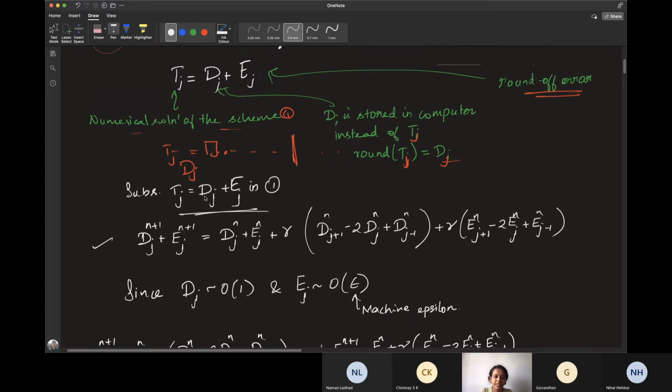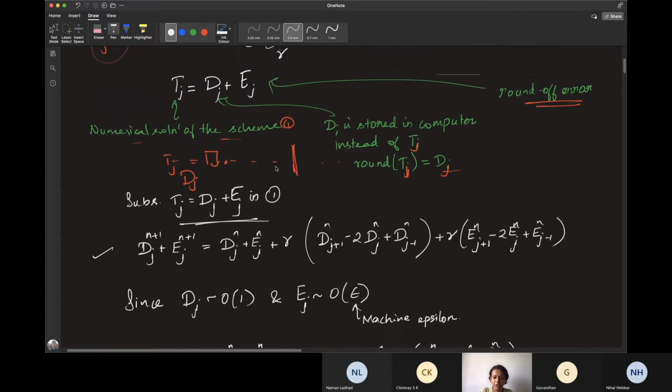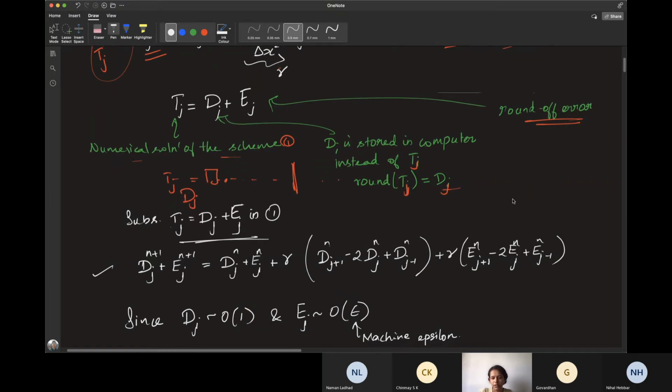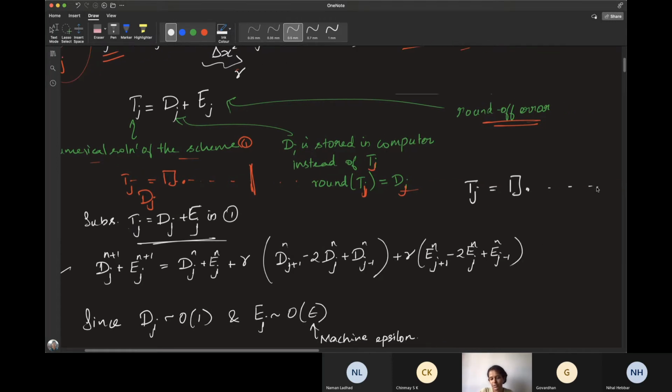So I told you Dj is of one order and Ej is of a different order. Tj is going to be some number times a decimal of something, right? Depending on what this number is, if it lies between 1 to 10, then it is of order 1.